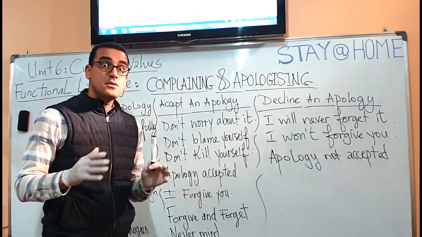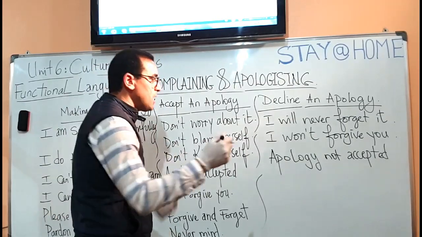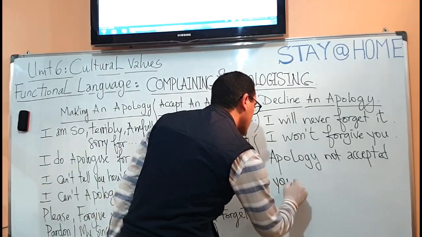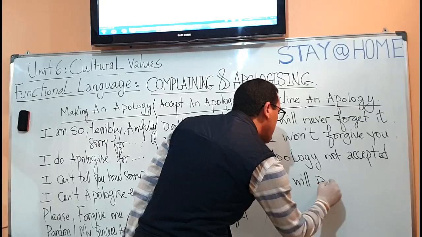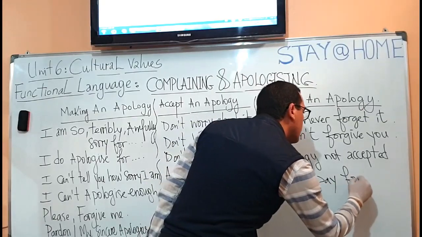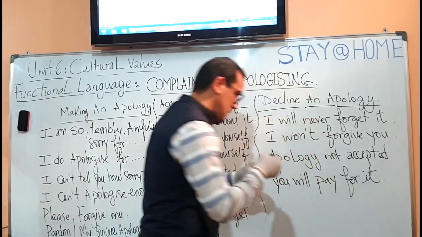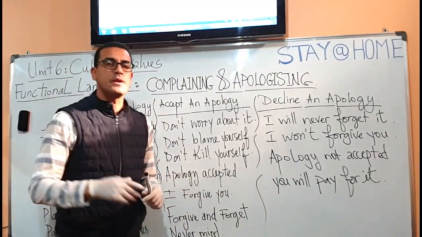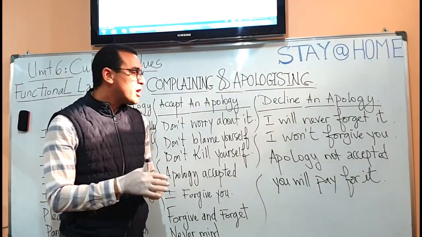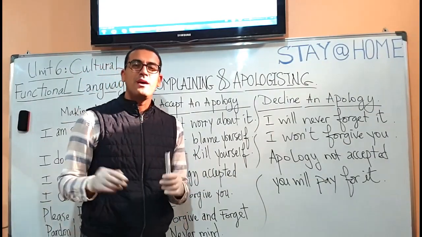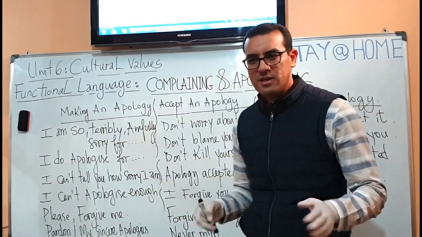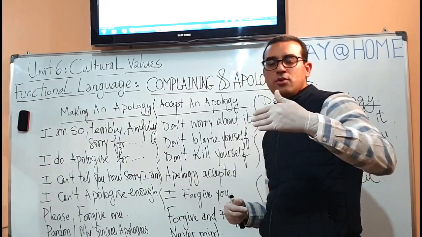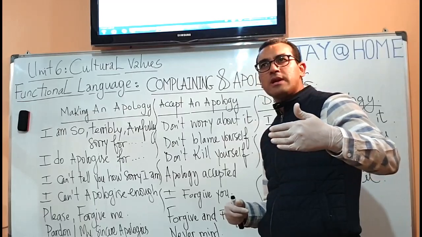Or you can be somehow harsh and say, you will pay for it. You will pay a costly price. You will pay a costly price for it. It means that you will be punished.